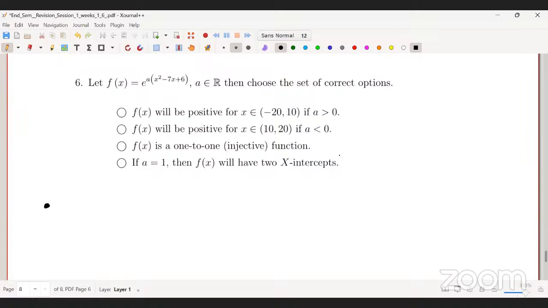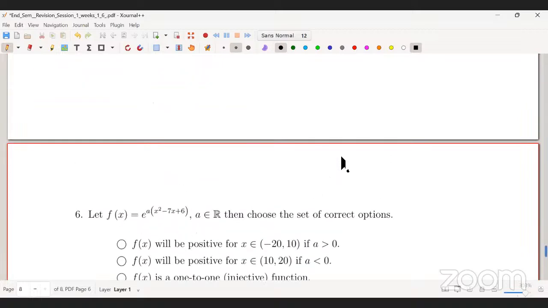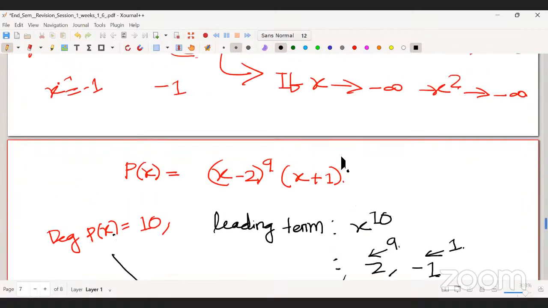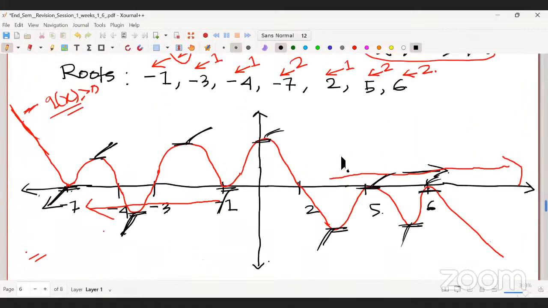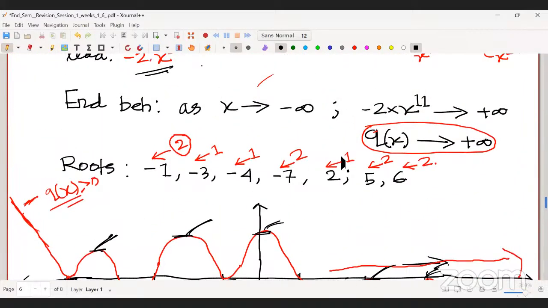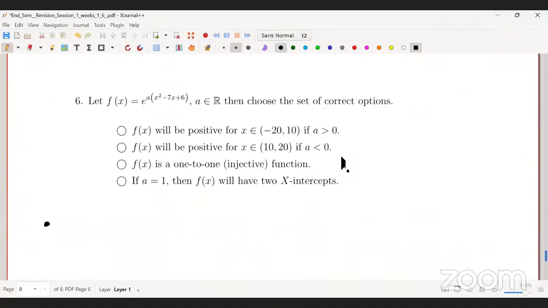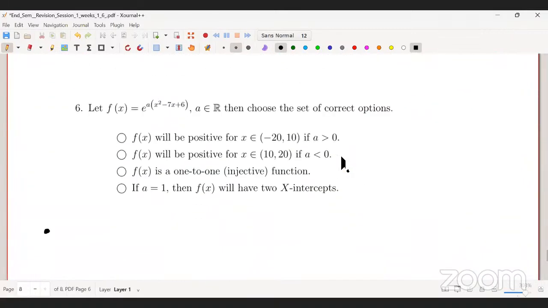Sir, this revision PDF, will it be uploaded in the portal, sir? I don't know, if you think this is useful for you, then I can send it to the portal. Because sir, though we have gone through all this, I feel personally that everything looks new to me. I'll brush up.